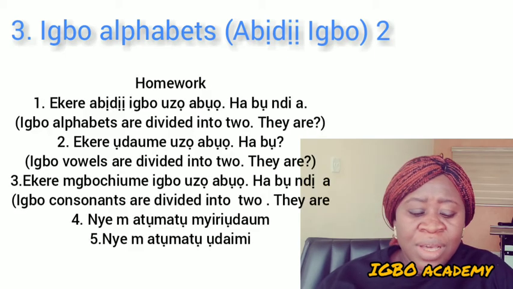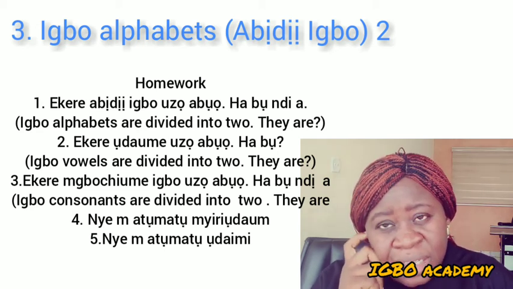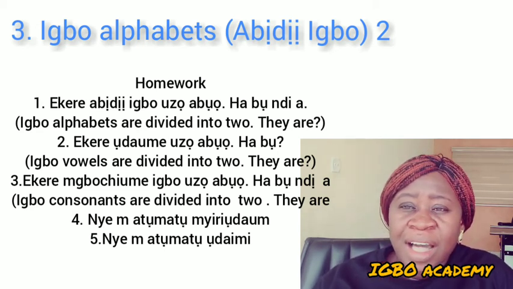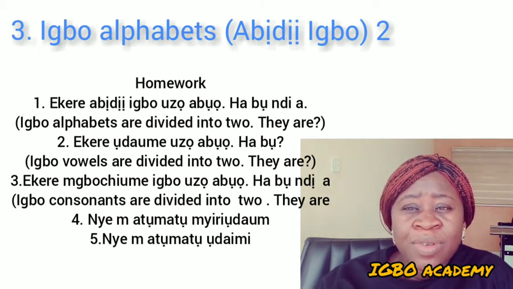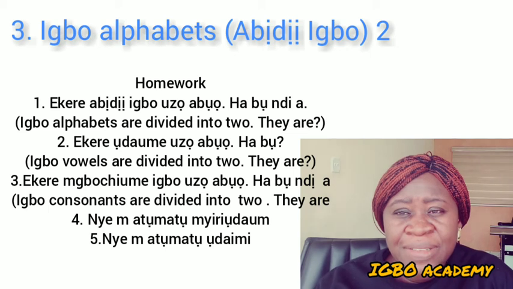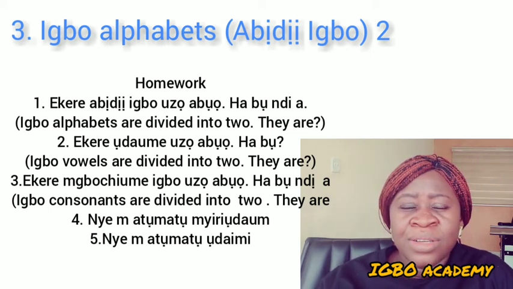So your homework is to divide the alphabet into two. The Igbo alphabets are divided into two. What are they? Now the consonants.